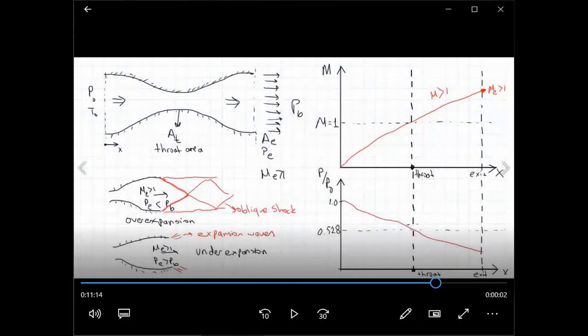So during a space launch operation from sea level to space, the rocket engine nozzles go through all these phases. First it starts with overexpanded, then at some point perfectly expanded, and then underexpanded.